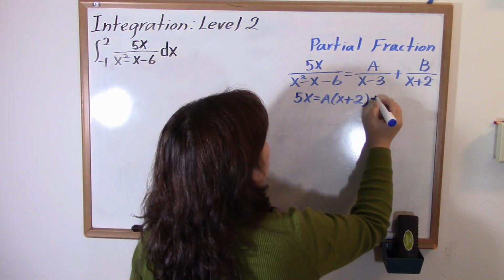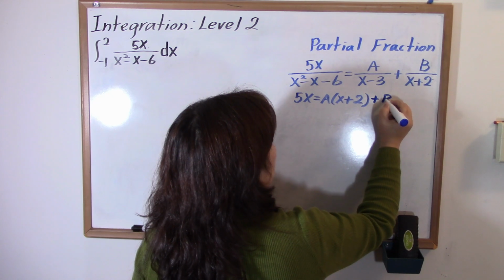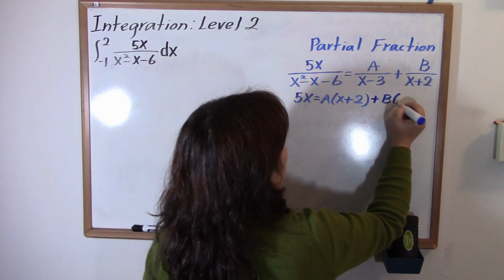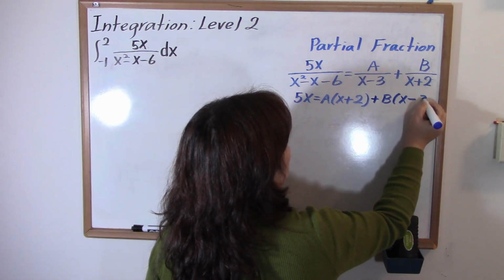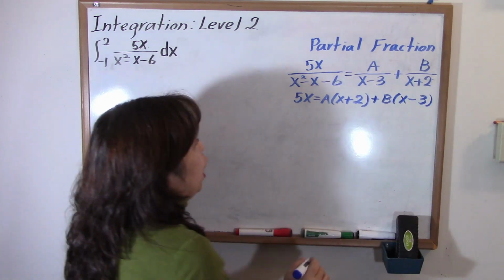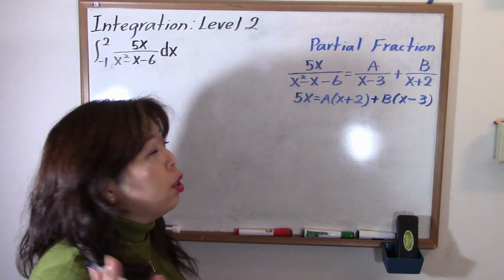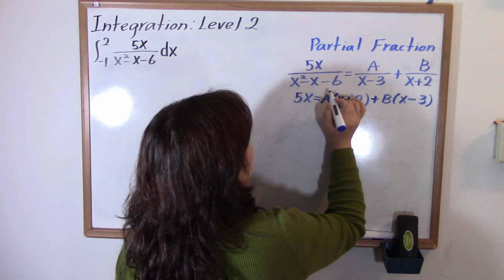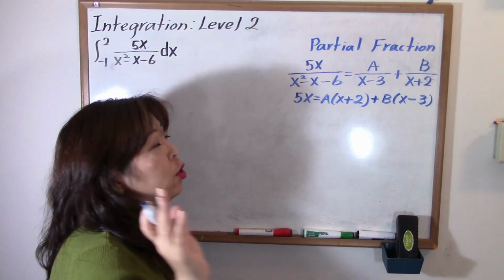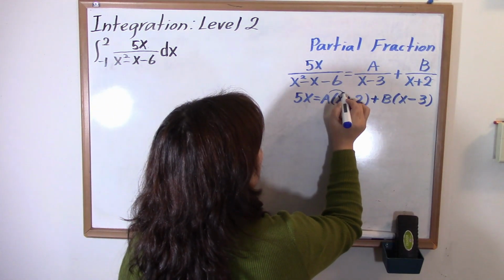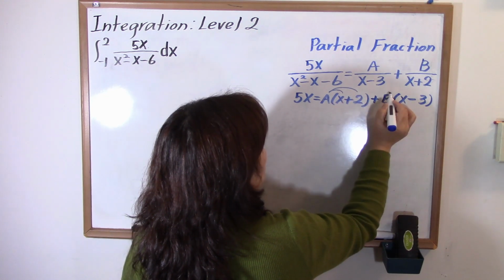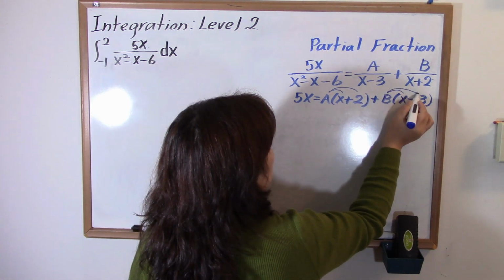And next, plus B times x minus 3. And now, next point, we're going to calculate by using the distributive property. Okay? So this and this, and this and this.